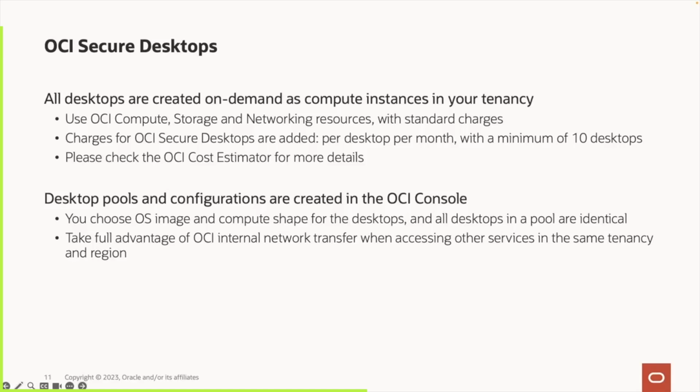And then you can take advantage of all the networking inside OCI to access applications and data that reside inside OCI. That way, you can have very short latencies between your desktop and the application and the data. The only latency that you have is for the presentation of the screen from the desktop.